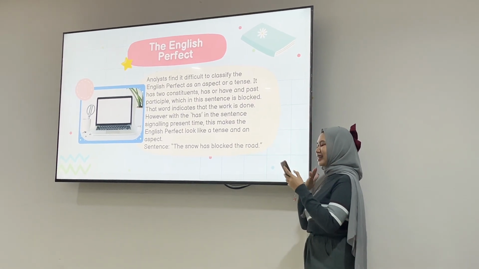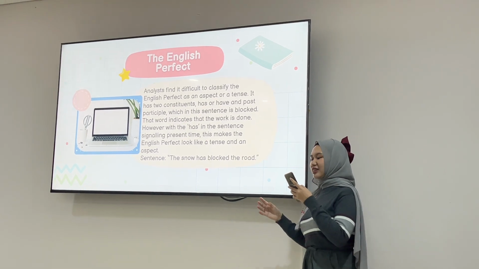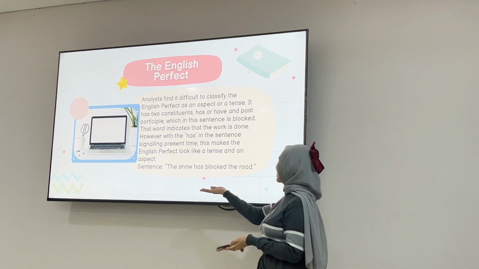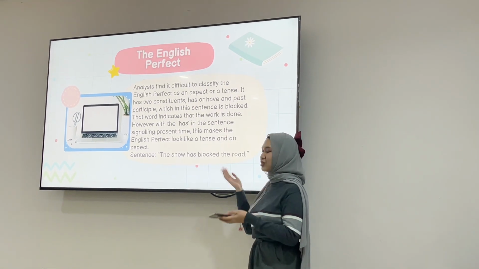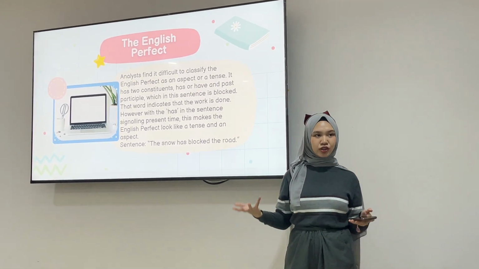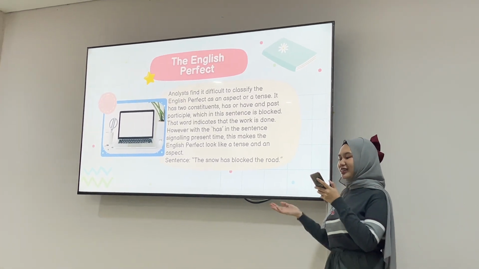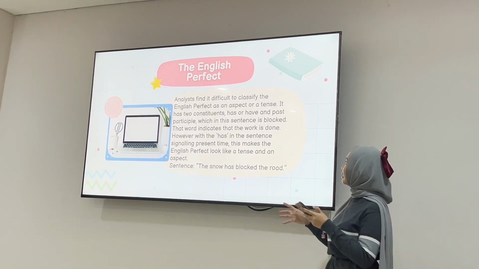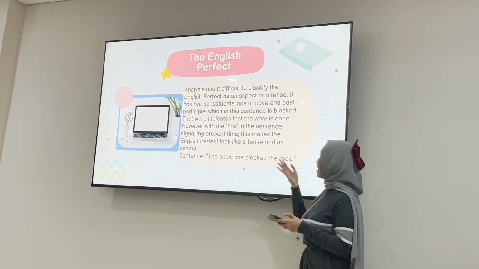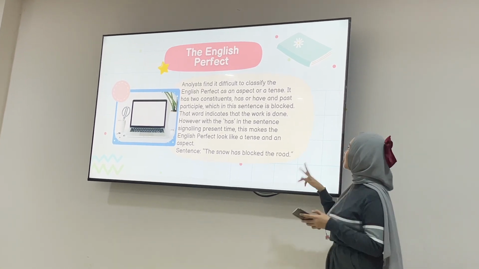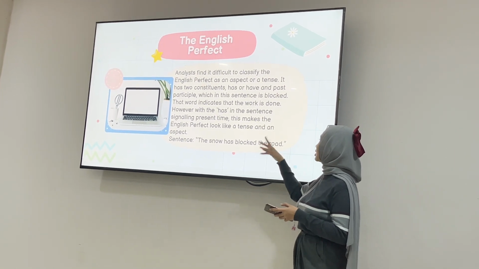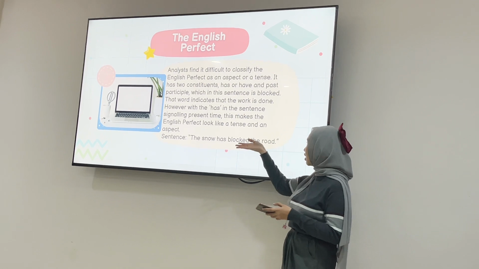So aside from all the tenses and everything that we mentioned, there's also the English perfect, a tricky one. An example of that is the sentence, the snow has blocked the road. Why I say that the English perfect is tricky is because analysts have found it difficult to classify whether this is a tense or an aspect, because it has two constituents, has or have, and the past participle, which in this sentence is blocked.